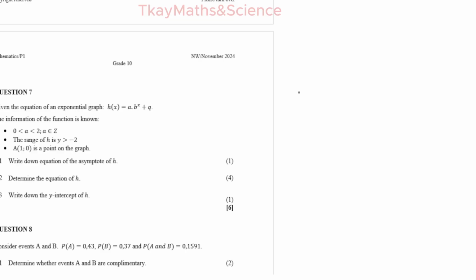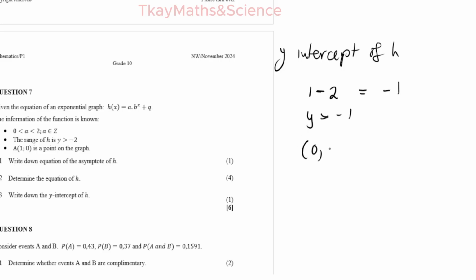So the y-intercept of h is equal to, because originally it's 1, 1 minus 2, that is equal to minus 1. So the value of y is minus 1, or the coordinates are 0 and minus 1 for the y-intercept.